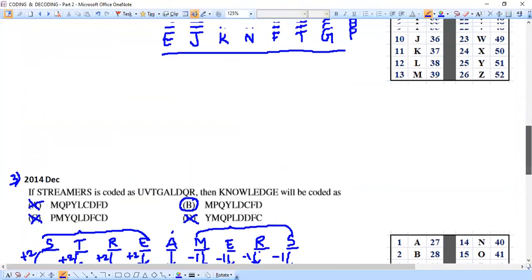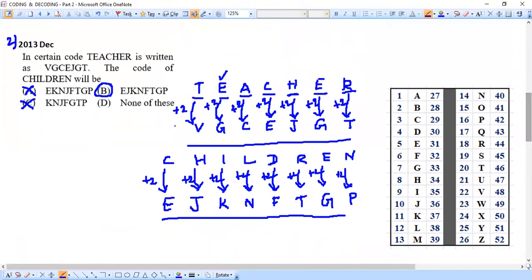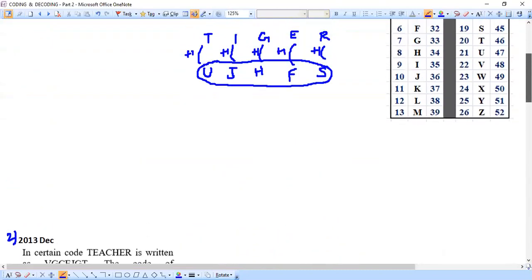And remember, unless you have options like 'none of these', like how we had for the second question, see here the last option is none of these, we can surely do that. But when we have that none of these, we should be a little careful. You understand that? Because we have none of these, we must confirm till we perform the last letter. Only for practice did I work out the entire problem.